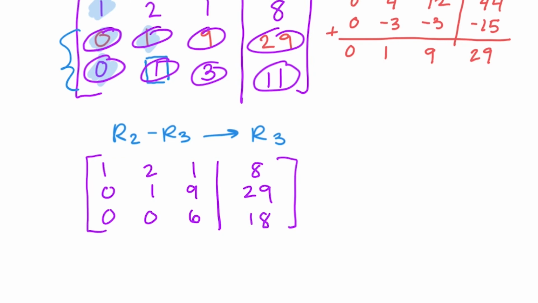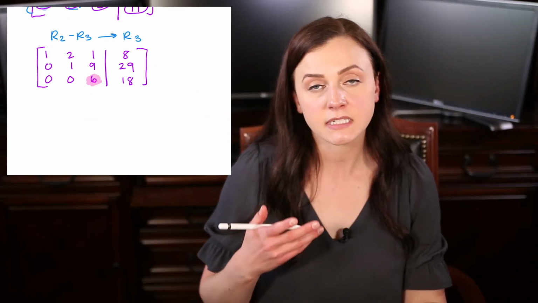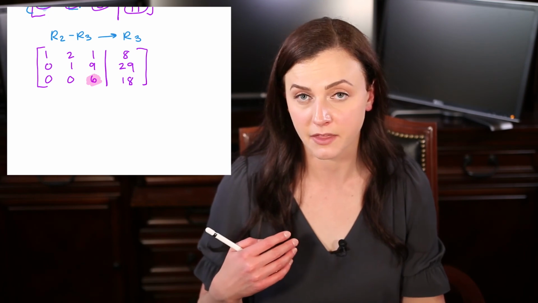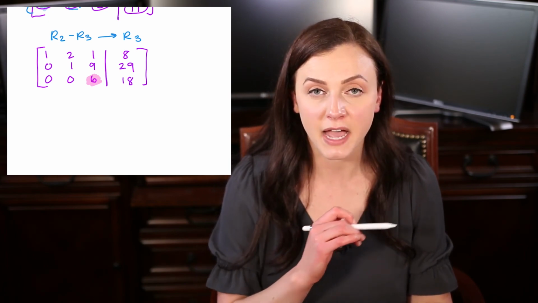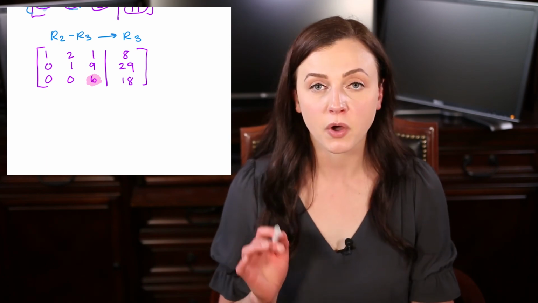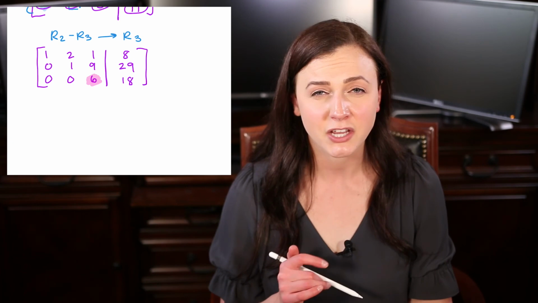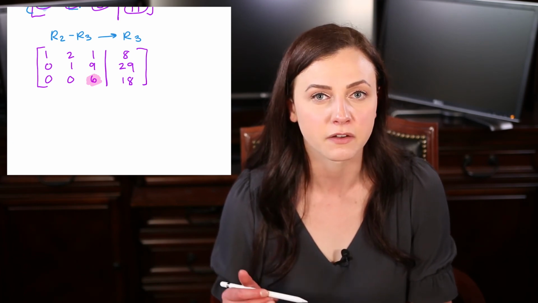So the last thing we need to do to get this in row echelon form is make this number a 1. Now last time when I was getting the 1, we did a combination of the rows and we added them together. Another thing you can do sometimes is just divide the row by a number. You want to be careful with that though, because sometimes when you divide by something, you'll create fractions, and you don't want to have to work with matrices when there's fractions in there if you can avoid it.